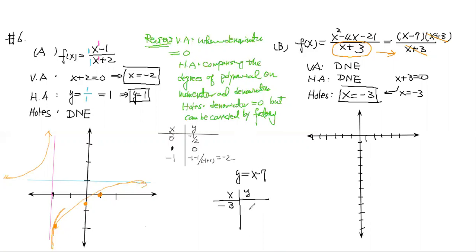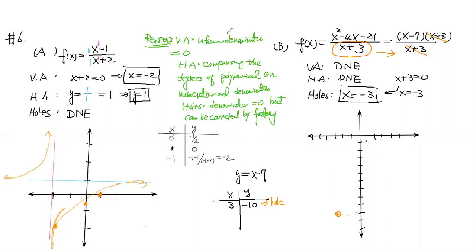If you put -3, you will get -10. So my first point to graph is at -3, with y equal to -10. In here you're going to have a hole, so make sure you put a circle.